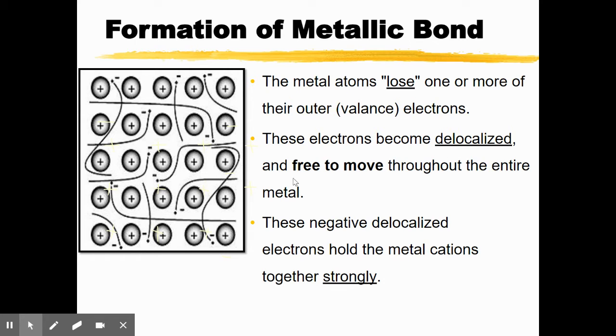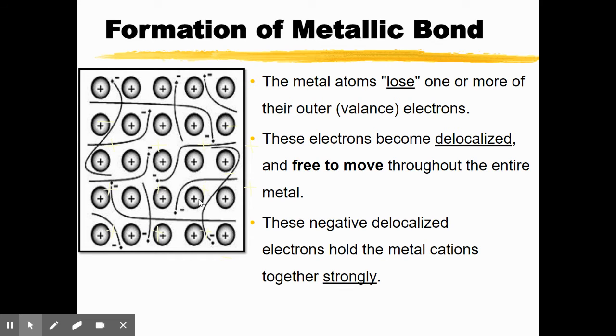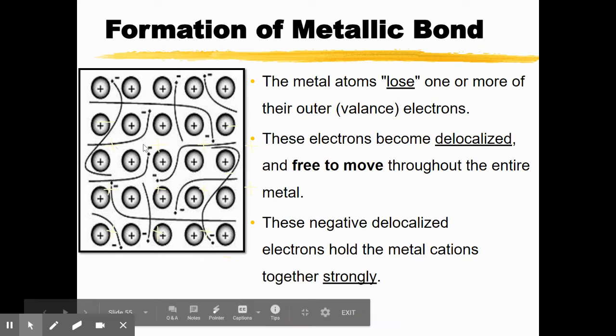And these delocalized electrons are free to move throughout the entire metal. And they are held pretty tightly to the cations because negative electrons are attracted to positive ions. Even though they move freely throughout, they are still attracted overall to the metal.